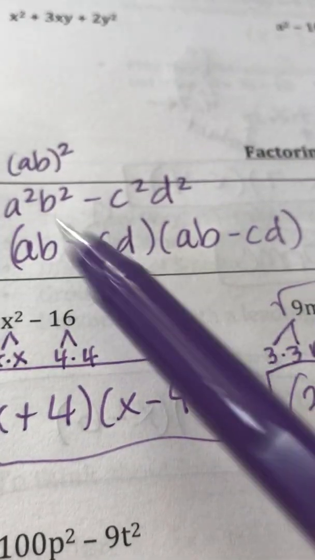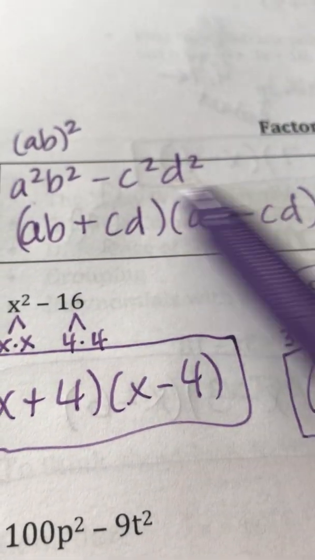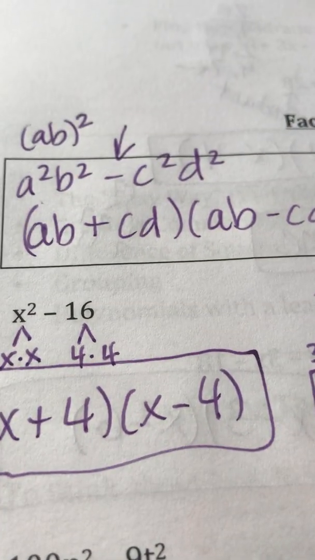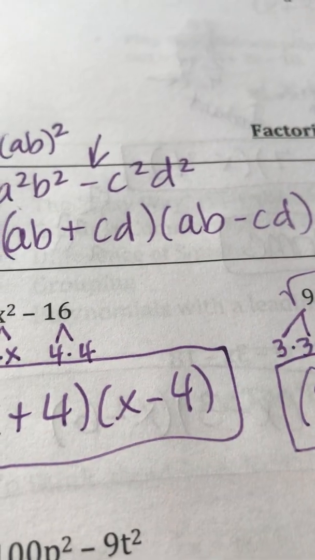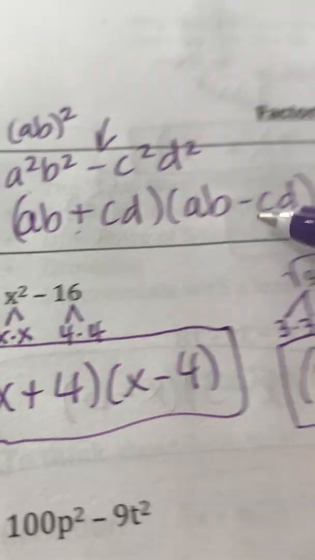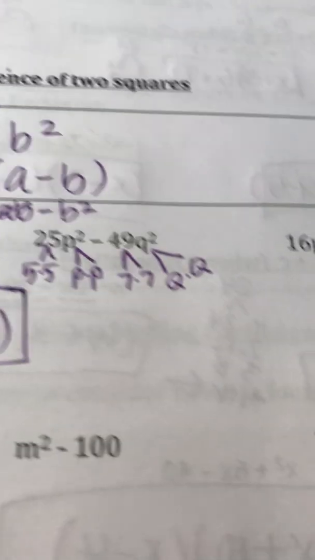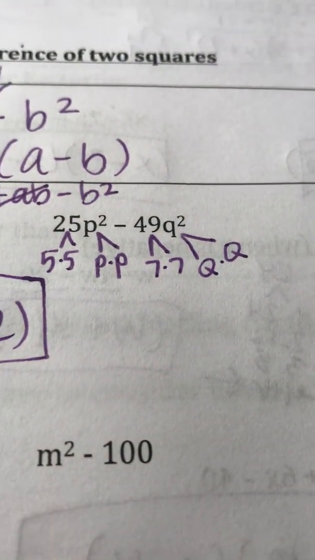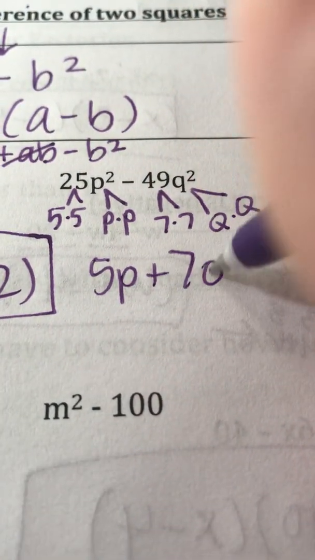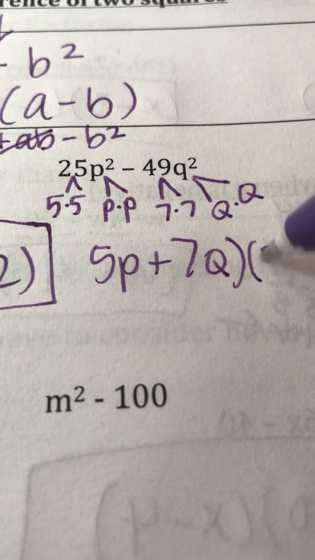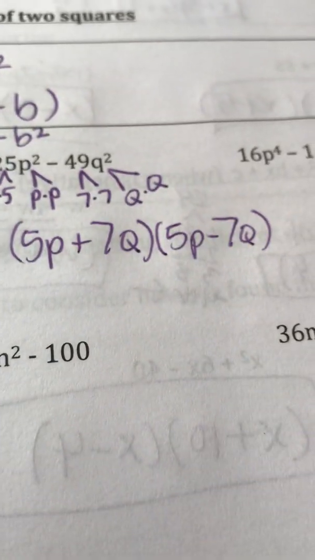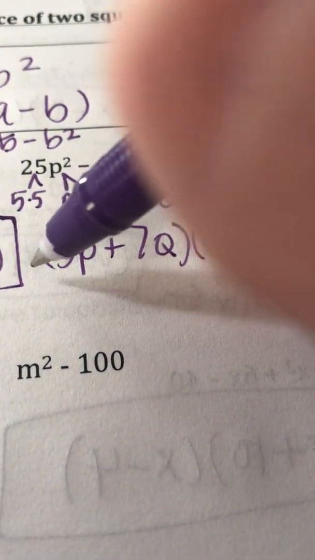As long as everything here is squared and everything here is squared, and we have a subtraction sign for a difference, then we know what we're going to have is ab plus cd, ab minus cd. So same thing down here. We have 5P plus 7Q and 5P minus 7Q, just like that. And that's my solution.